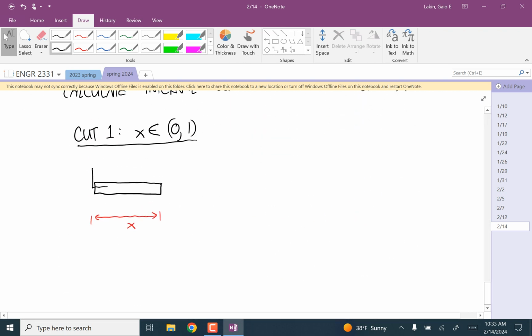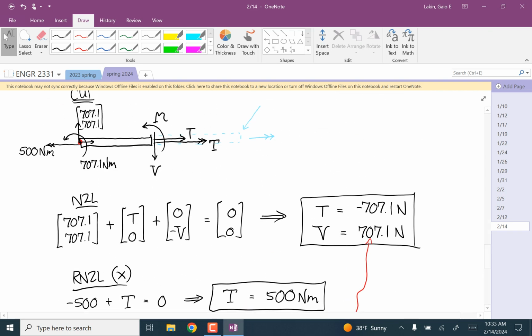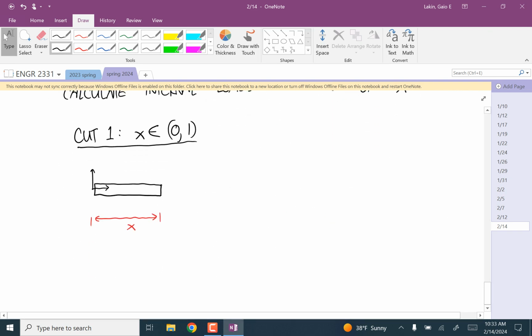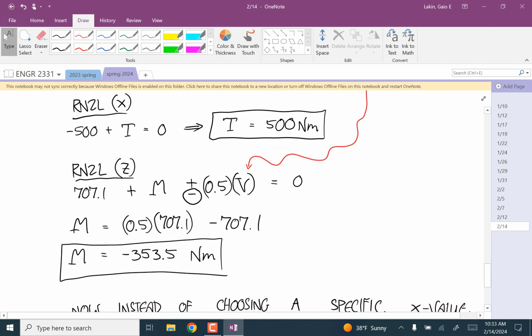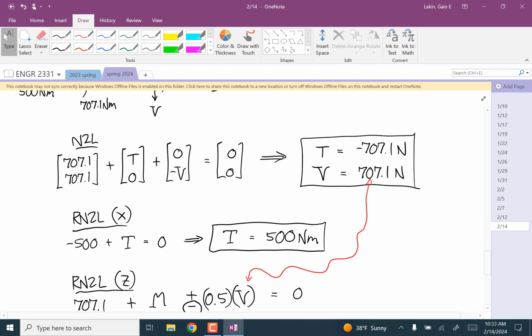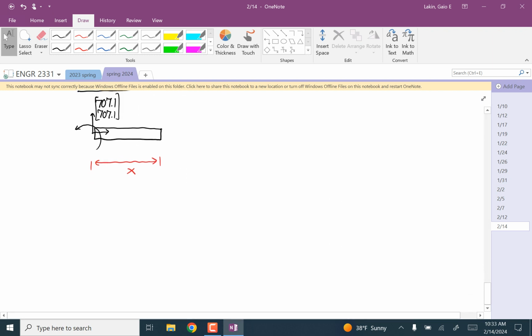And the loads are a force of 707.1, 707.1 at the left end point. A moment about the z-axis of positive 707.1 Newton meters.